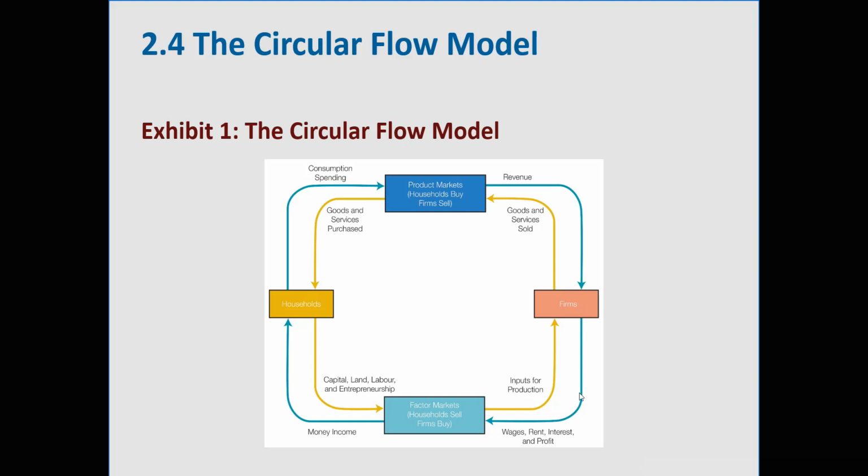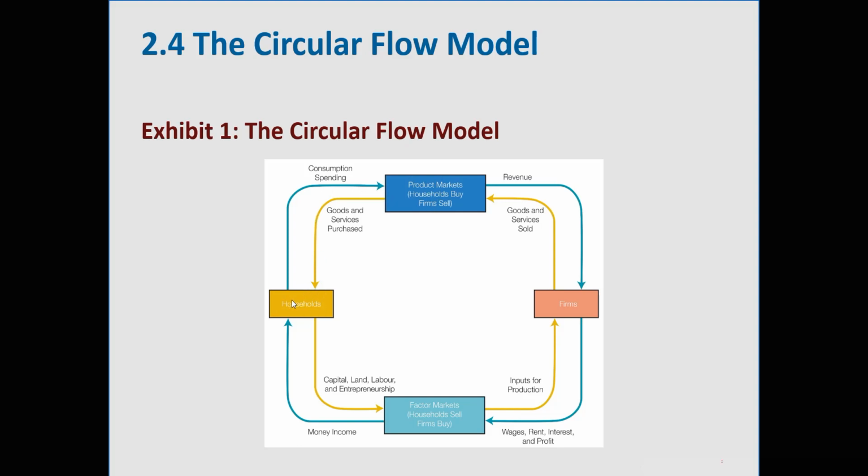So they go to the factor market, they pay for factors of production, and they bring it back to produce goods and services. On the other hand, households need goods and services. So they go to the product market, they buy goods and services, they bring it home for consumption. So they spend and they bring back goods and services.